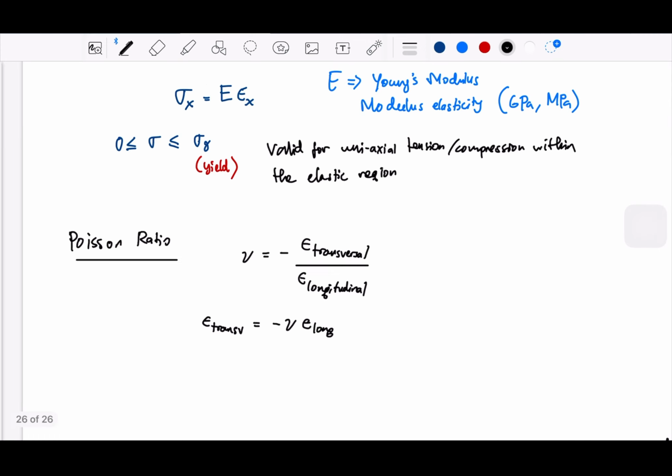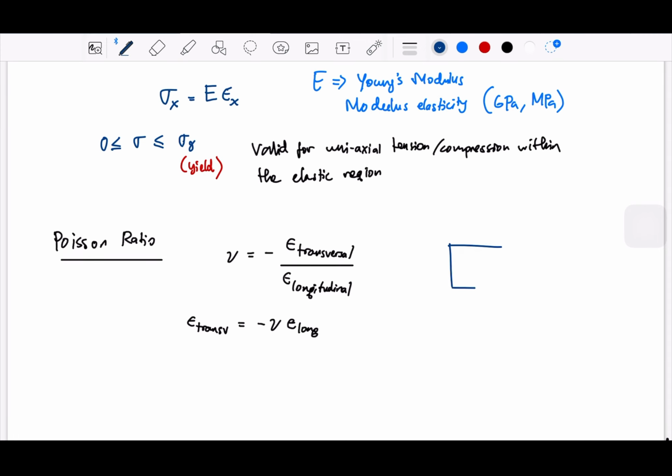So imagine that we have this material like that, and we take a tensile load. Let's imagine this is the original size and then it becomes this. Okay? So there are changes, right?